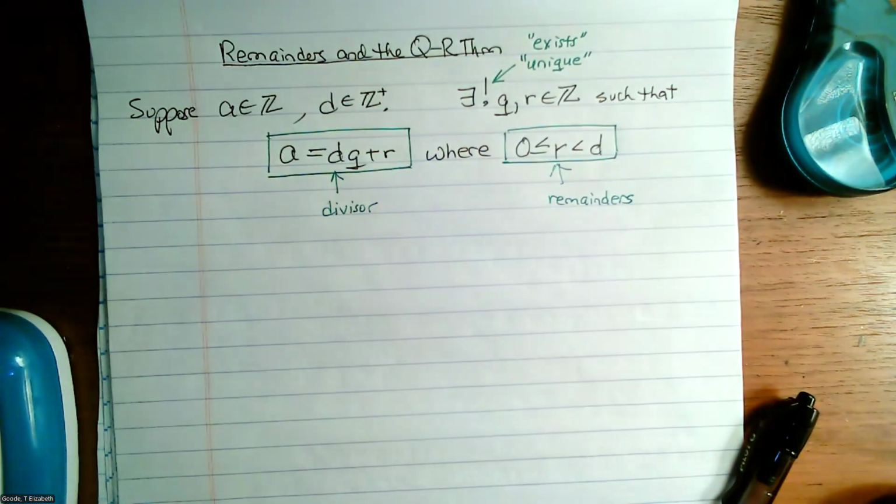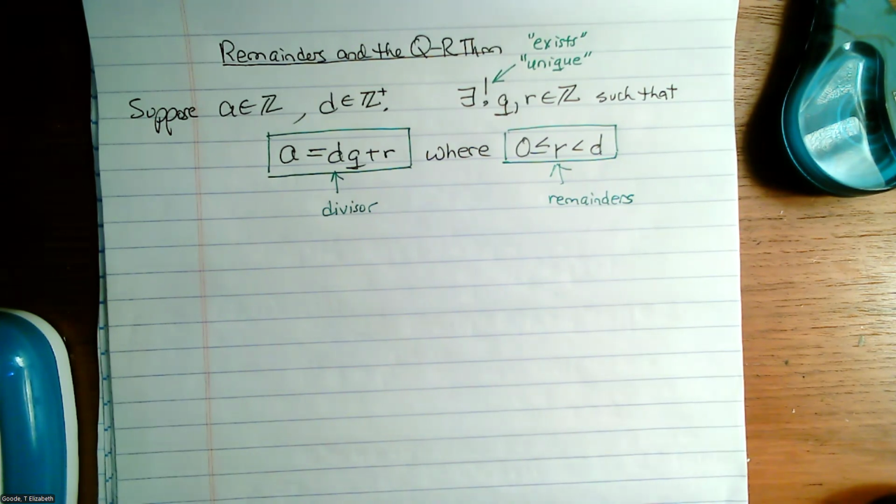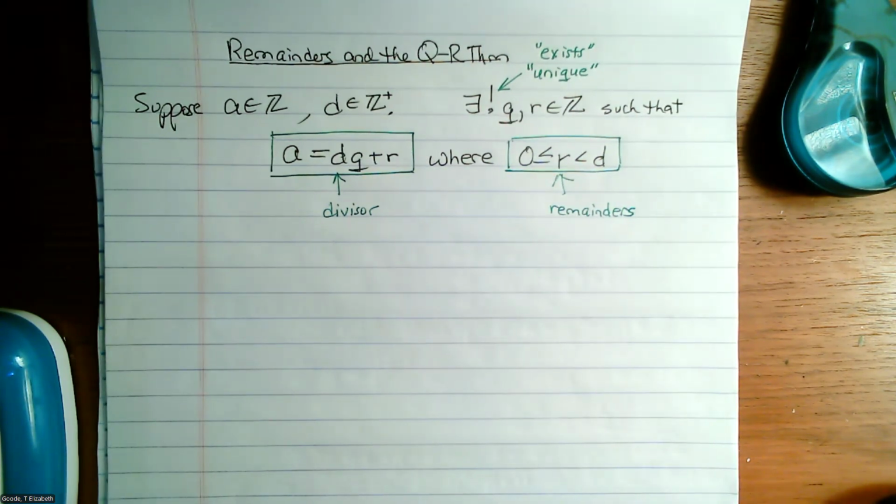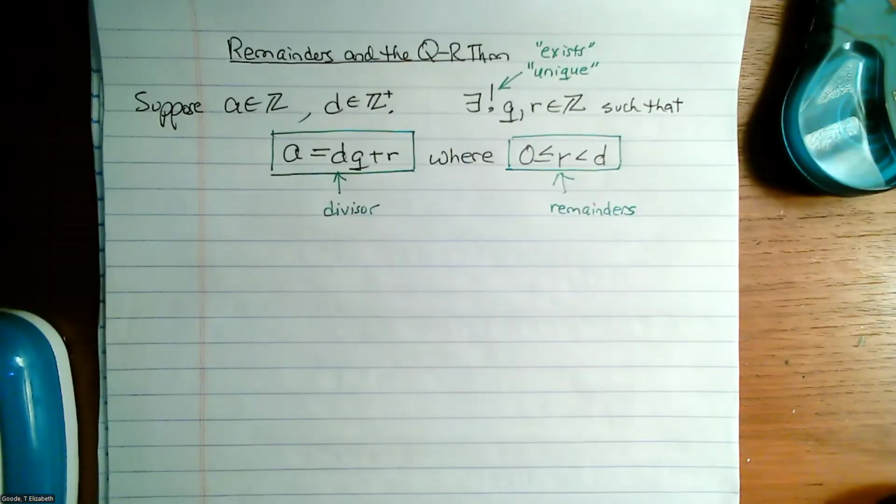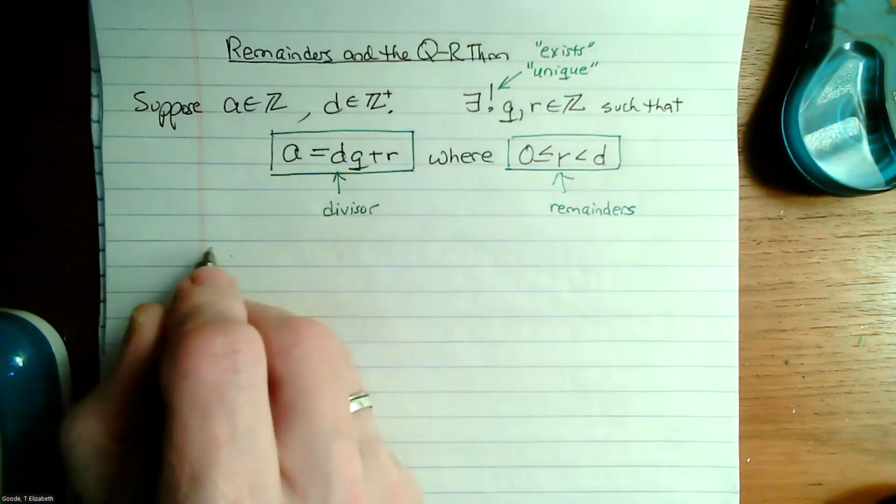We went through a bunch of examples and talked about it. Were you in class the day that we had that lecture? Yes. Good. So maybe if you read over the notes, you'll remember how we carefully went through a bunch of examples. I would give the A and the D, and then your job was to find the Q and the R, and we discussed it at some length. So this is the deal.